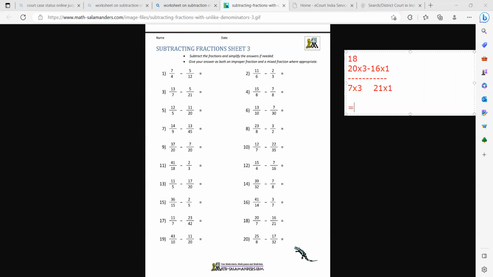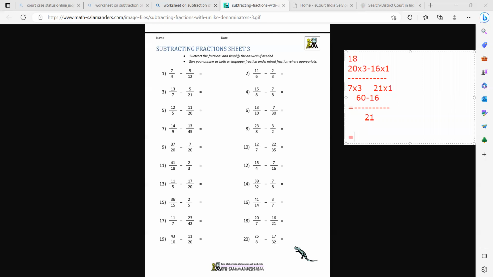So it will be 20 into 3 is 60 minus 16. Then 7 into 3 is 21, and 21 into 1 is 21. So the denominator will be 21.